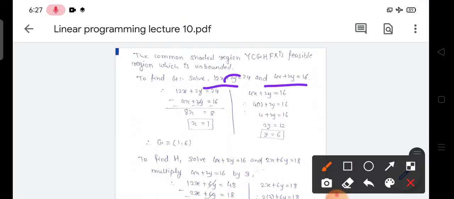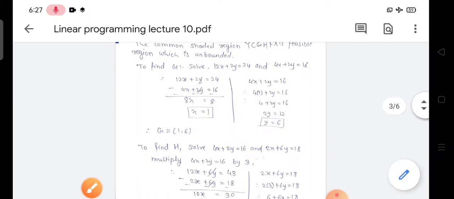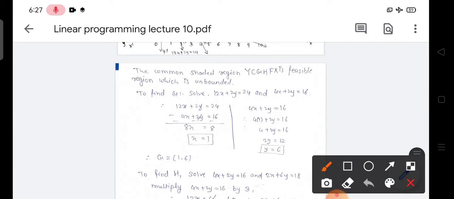The y coefficients are the same, so directly we'll subtract these two equations. Subtracting, that is, we are solving these equations simultaneously. So 12x plus 2y equals 24 minus 4x plus 2y equals 16. So 12 minus 4, 8x equals 8. Hence x equals 1.